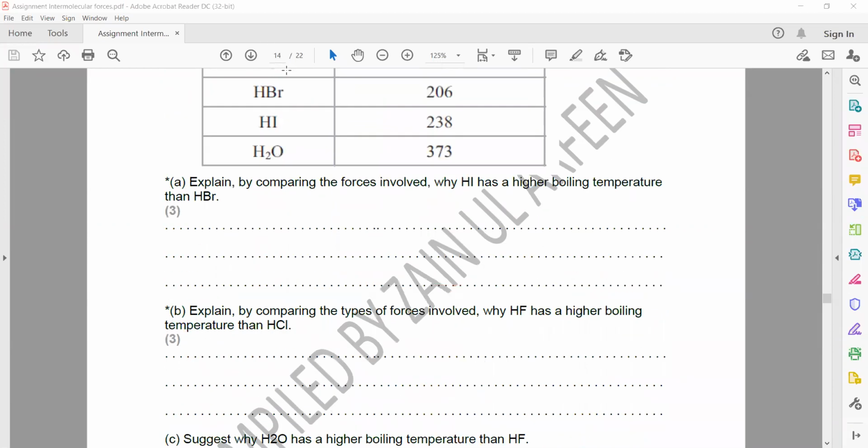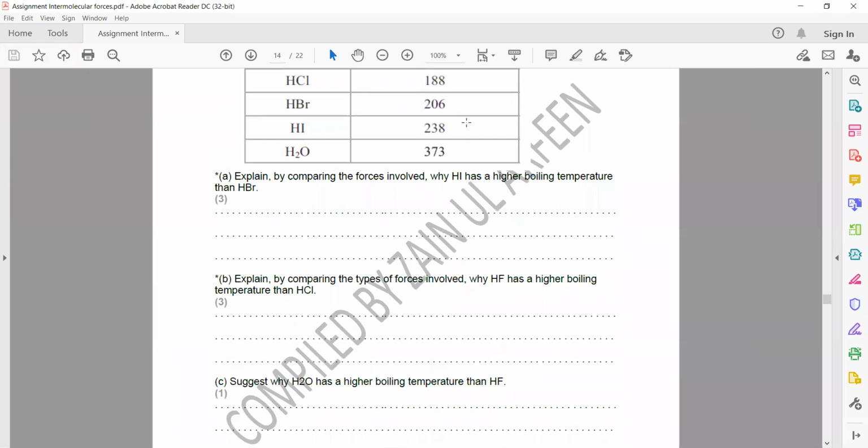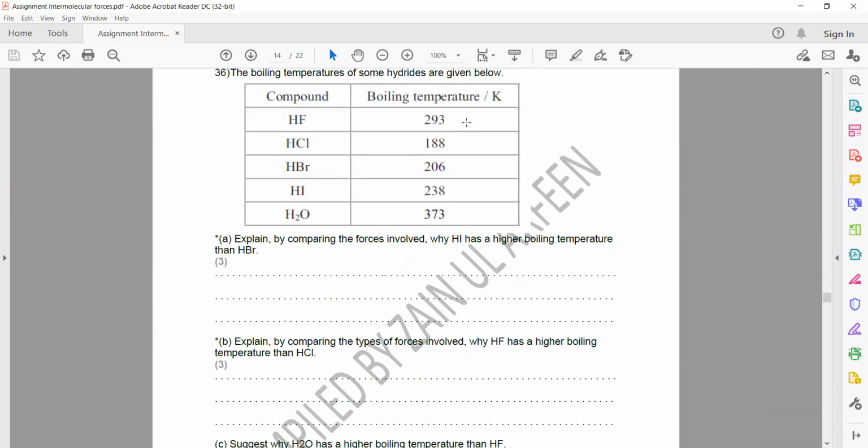Next part: explain by comparing the type of forces involved why HF has a higher boiling temperature than HCl.